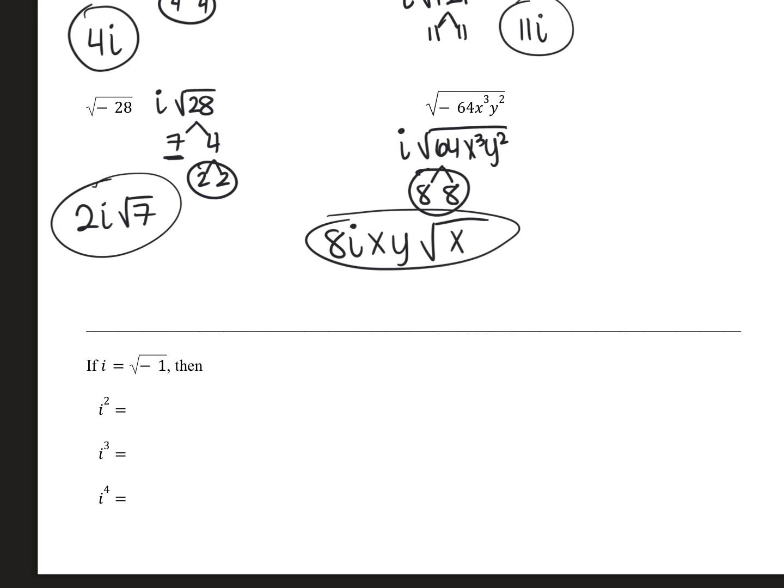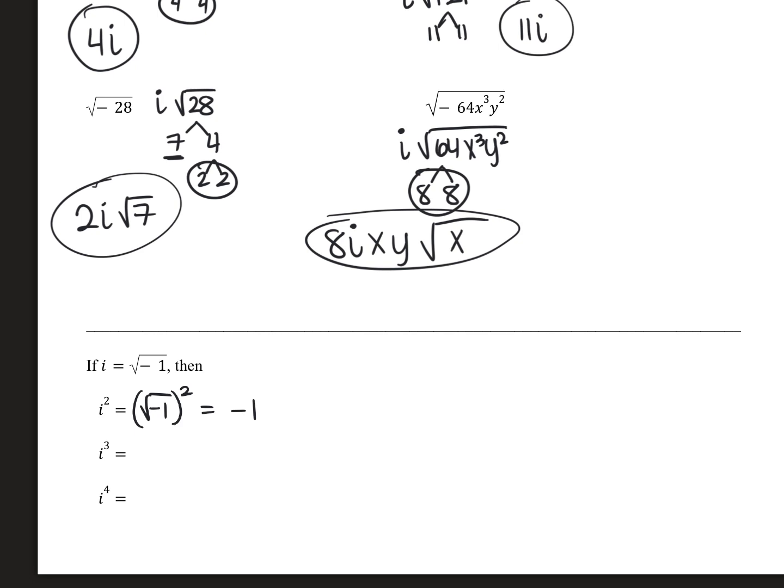If I'm going to write i squared, I can think of it as the square root of negative 1 squared, because i is the square root of negative 1. And we know from Module 3 that when you square a square root, it cancels. So when I square i, I actually end up with negative 1. So i squared is no longer an imaginary number, basically.